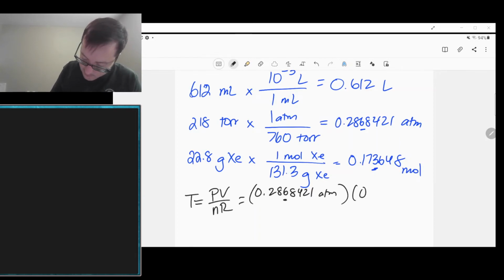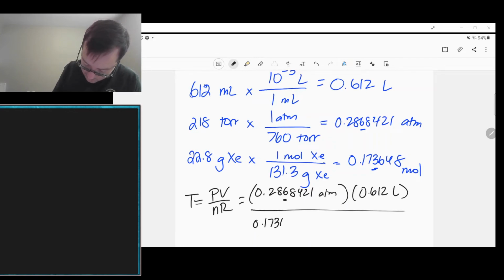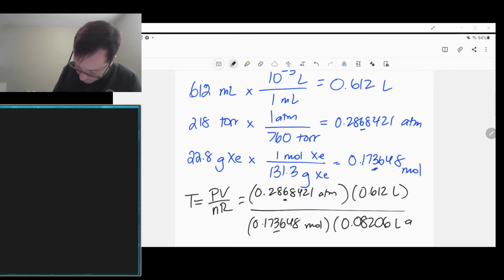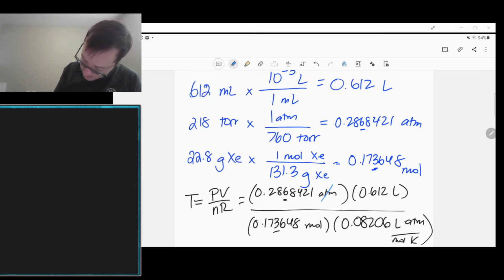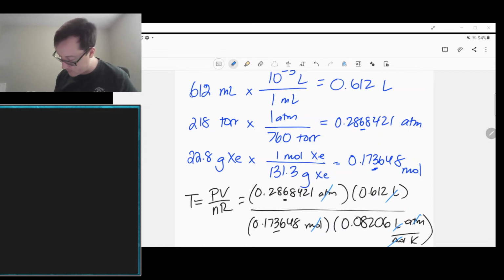Our volume, 0.612 liters. N is 0.173648 mole. And then, of course, R is constant. Double check our units. Atmospheres, atmospheres, liters, liters, moles, moles. We're left with 1 over Kelvin, which is Kelvin.